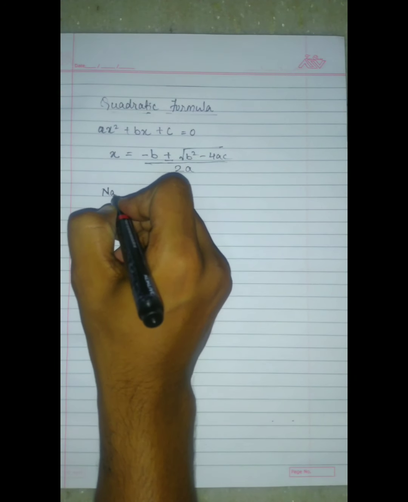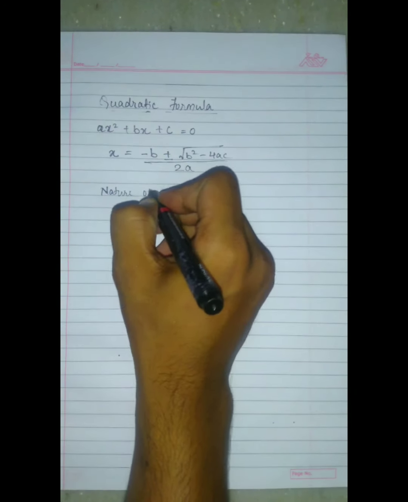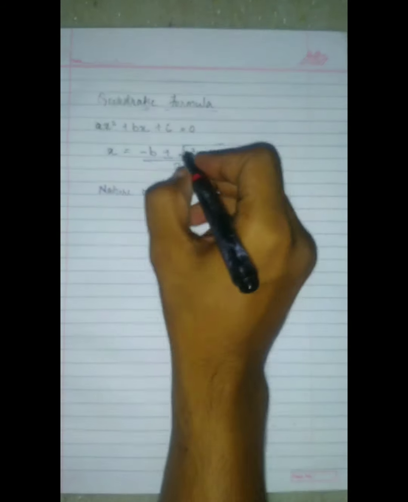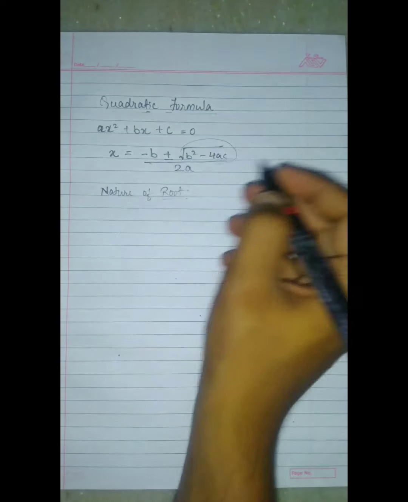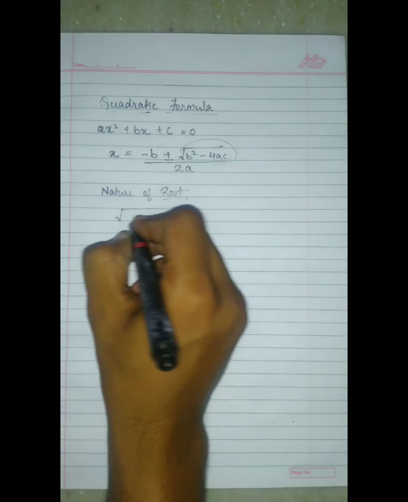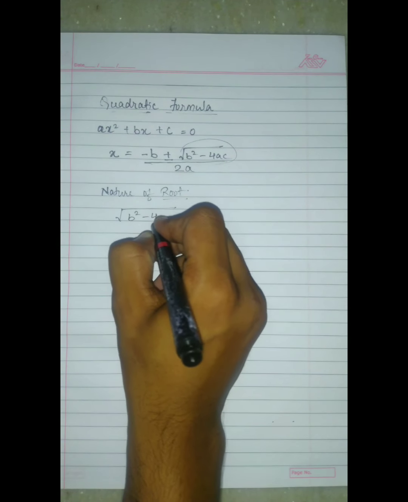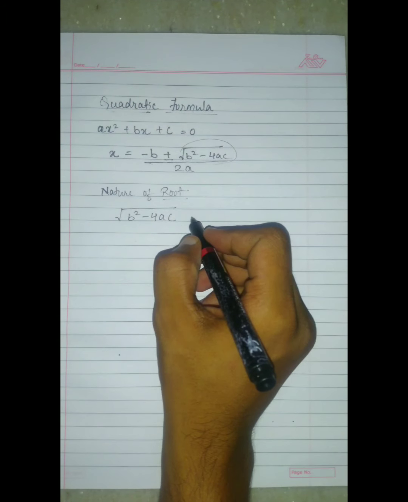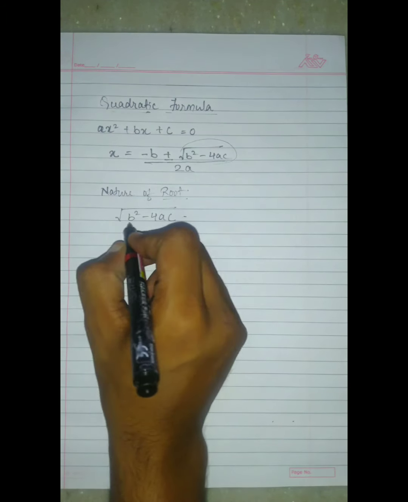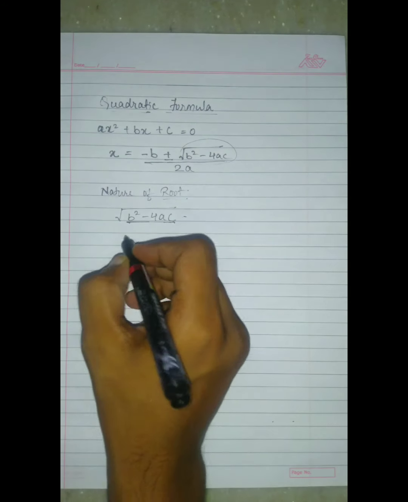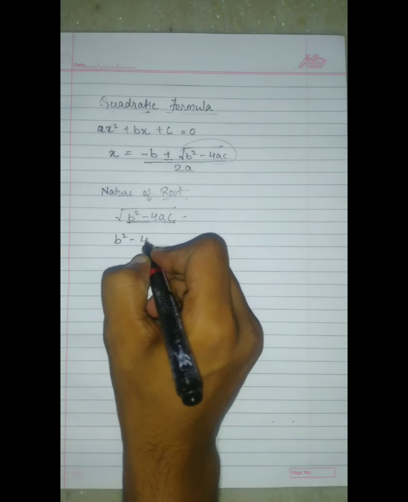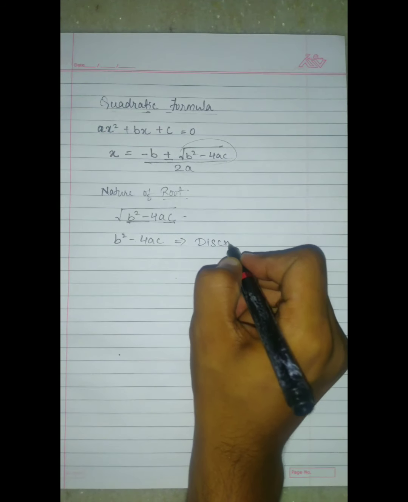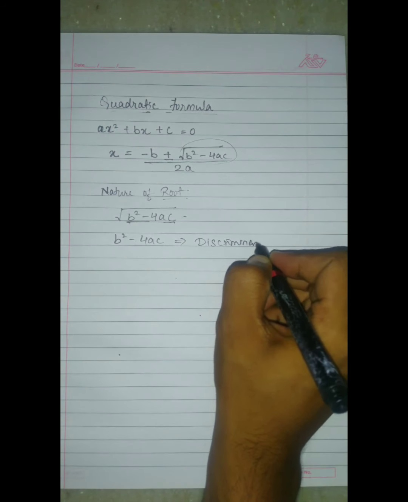Okay, so nature of root deals with this part of the formula, that is, under root of b square minus 4ac. This part, the b square minus 4ac, is known as discriminant.